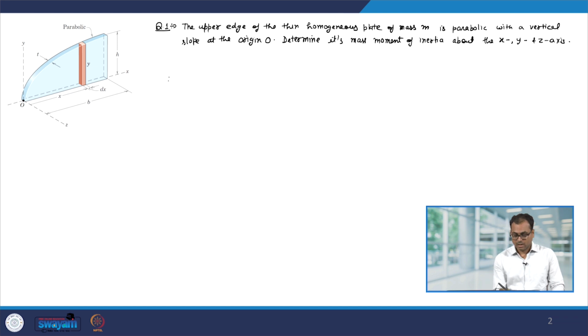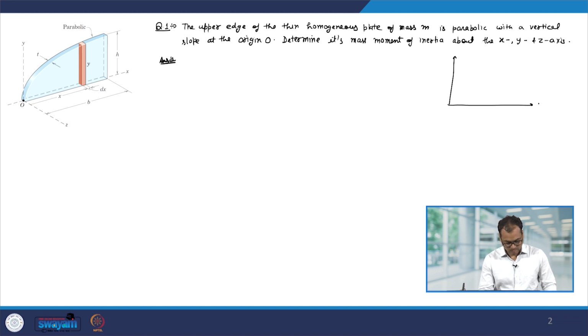Okay. So, here we have this x axis, y axis and the z axis. We have this plate which is parabolic.